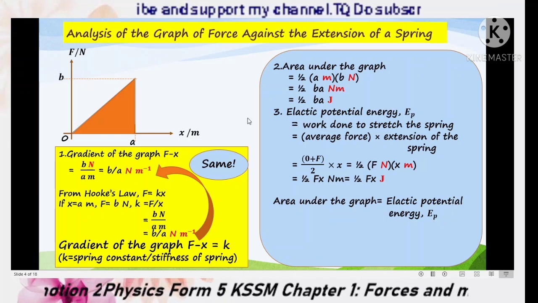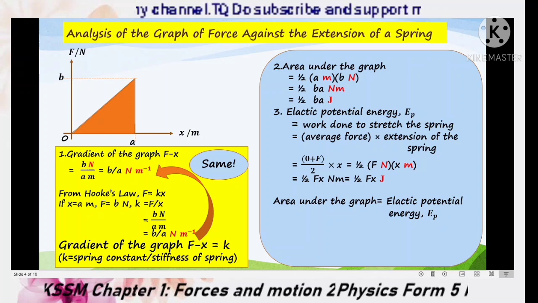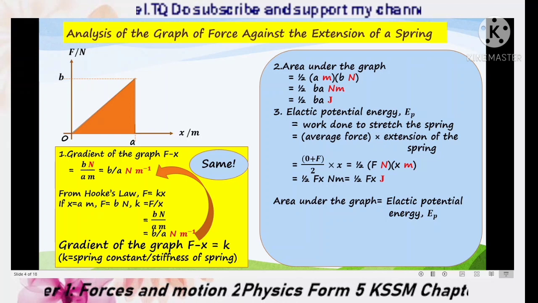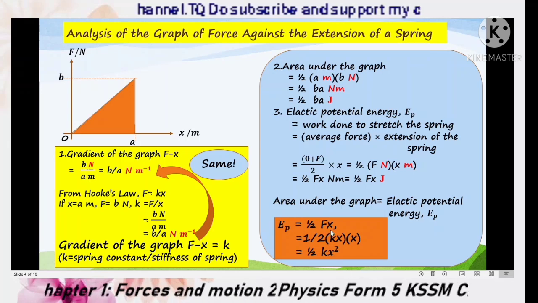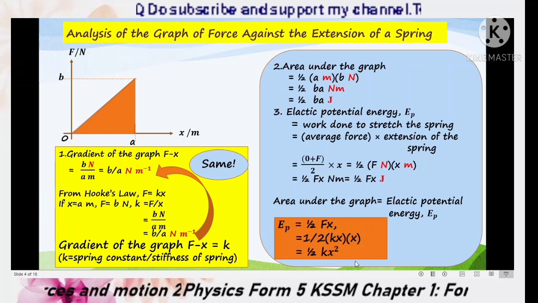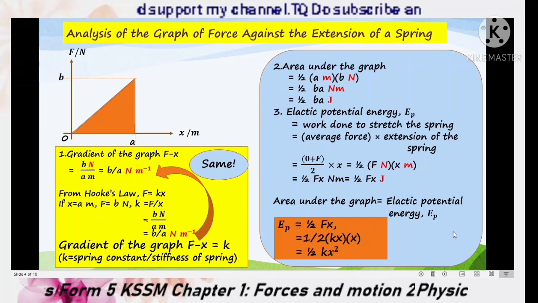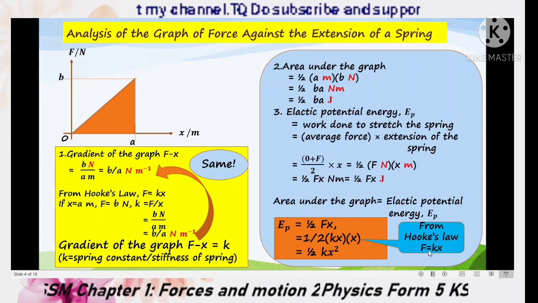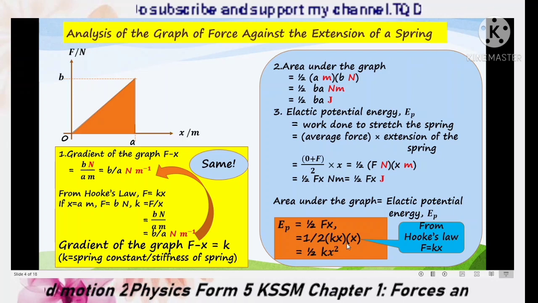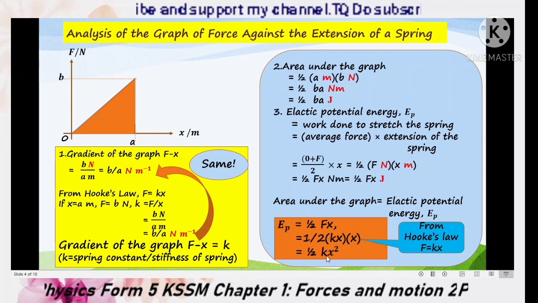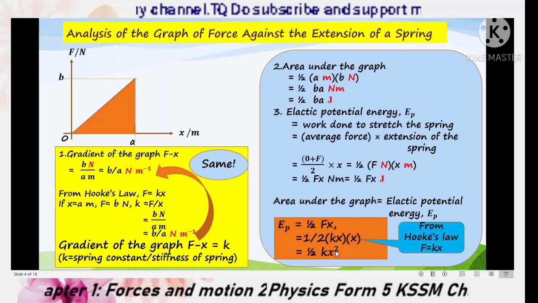Okay, so in order to determine the elastic potential energy stored in a spring, you can just calculate the area under the graph. We can also use another formula for elastic potential energy. Just use Ep equals half Fx, then use Hooke's law, F equals kx, and substitute here. Then you can simplify, and you will get Ep equals half kx squared.